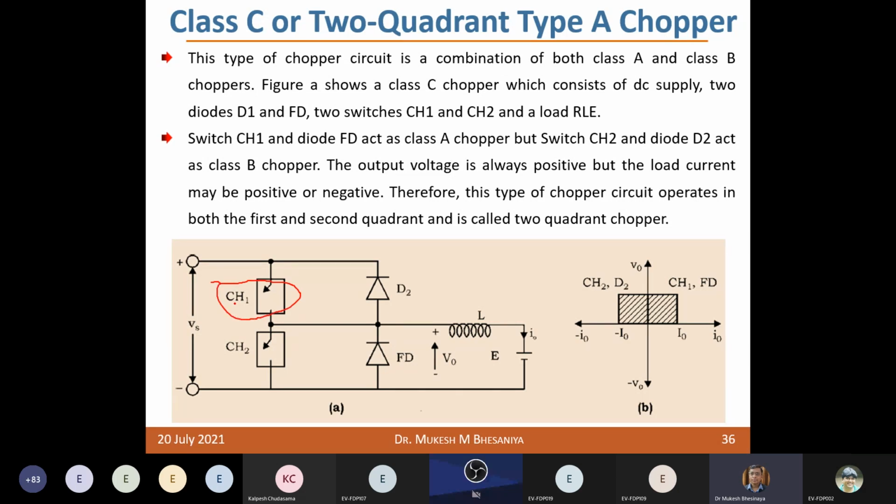So if you are using this type of configuration, you can operate your EV either in a motoring mode or in a generating mode. That is known as regenerative braking. So you either get the power from the battery, or you supply power back to the battery during the braking operation. So the direction of current is reversed, and the polarity of the voltage will remain the same.